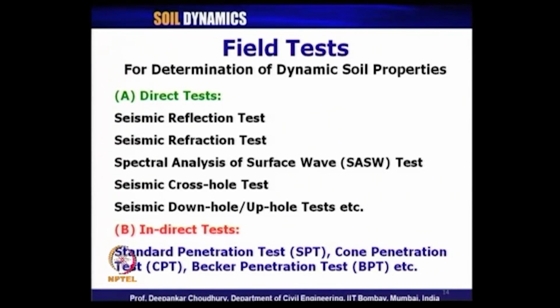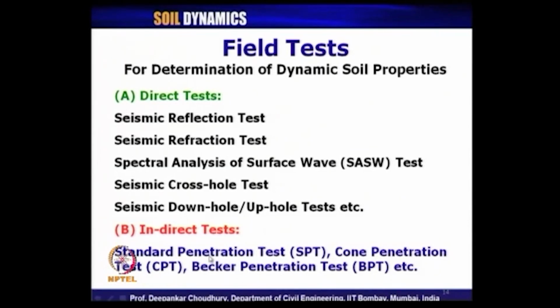And what are the common indirect tests? Like SPT, that is standard penetration test, cone penetration test or CPT, Becker penetration test, BPT, vane shear test, etc. As you know, these are the common field tests for static conditions also, to determine the static soil properties.